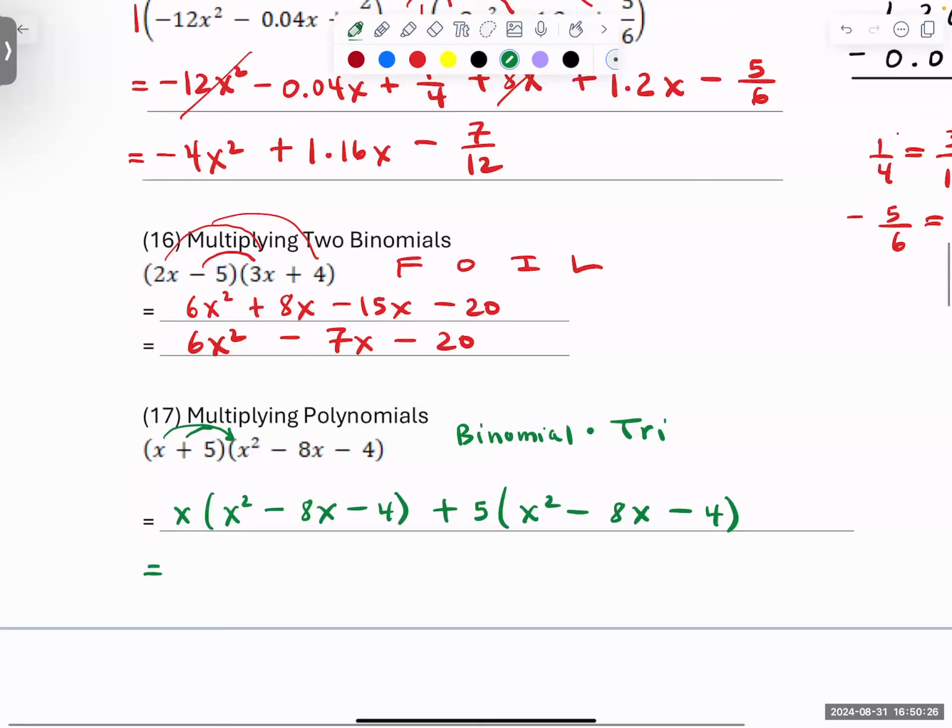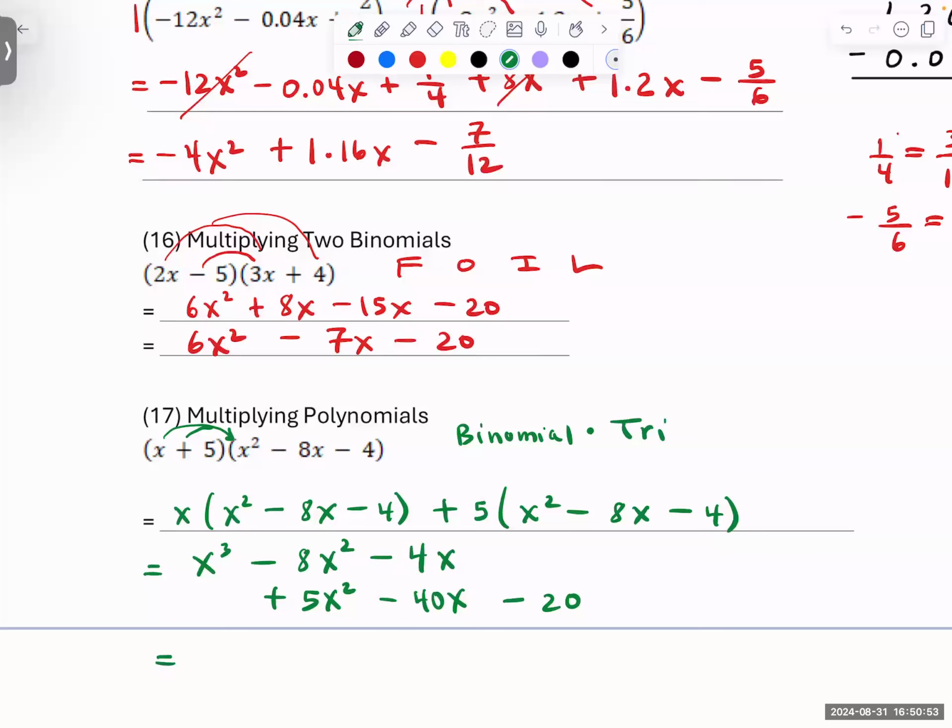Distribute x times x squared, x cubed minus 8x squared minus 4 times x, plus 5x squared. So we'll write the like terms above one another in columns, minus 40x and then minus 20.